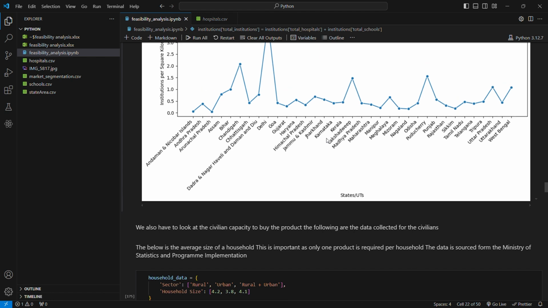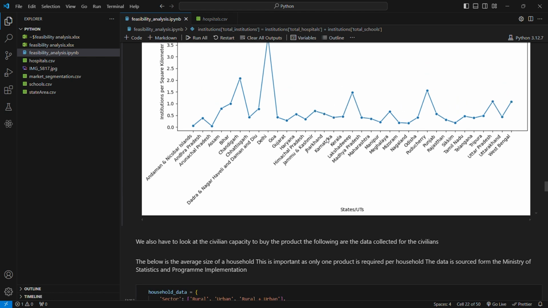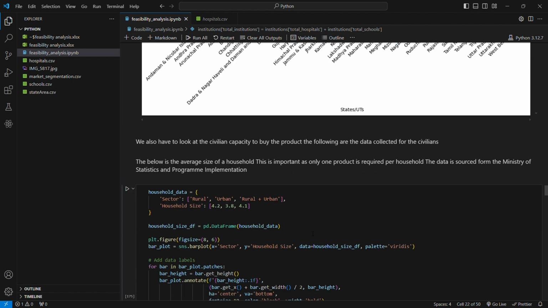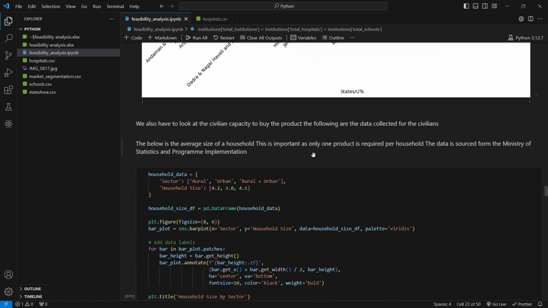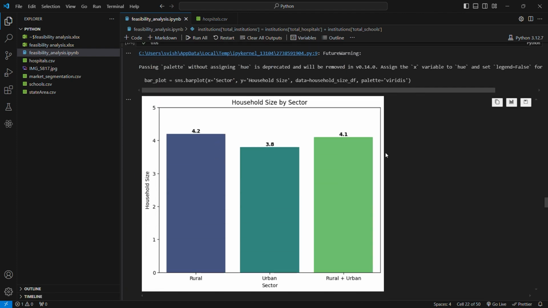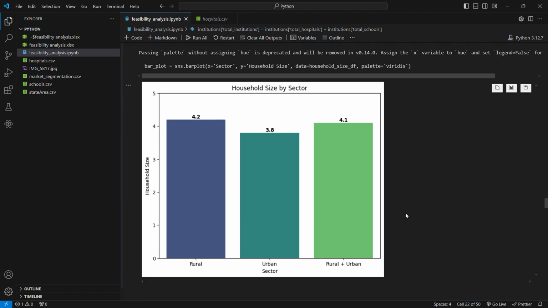But civilians are also potential buyers. We cannot ignore them. So for that reason, we have to look at the civilians also. All of the below data is sourced from the government, from the Ministry of Statistics and Program Implementation. So according to their surveys, the average household size for rural and urban households is about 4.1. So we can say that in a rural or an urban household, there will be at least 4 people.